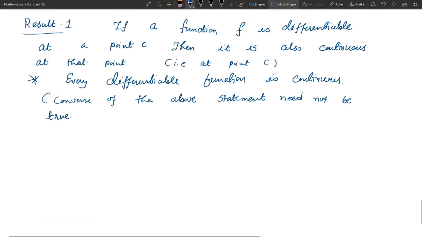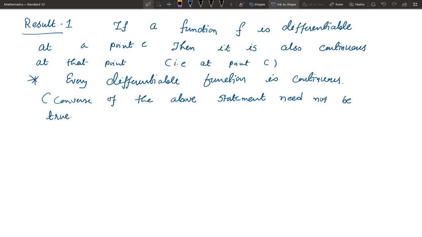So if f is differentiable, then there is no need to prove continuity of the function. Every differentiable function is continuous. But if it is continuous, then you can't say that it is always differentiable. It may be differentiable or it may not be differentiable.